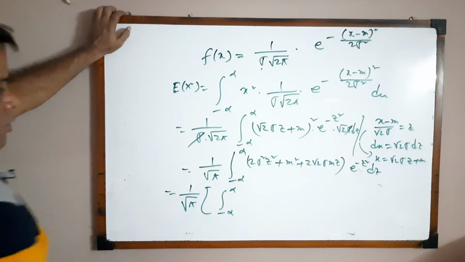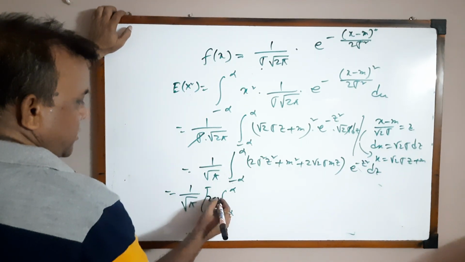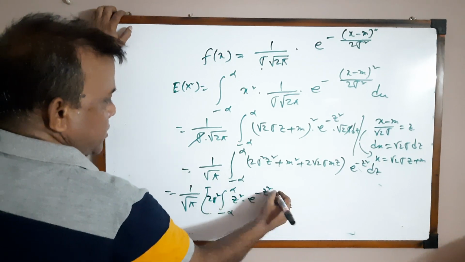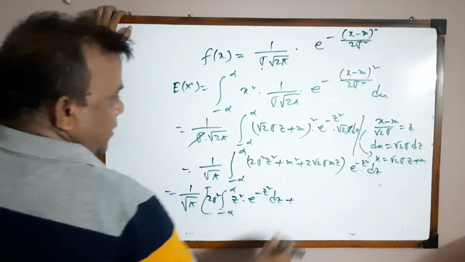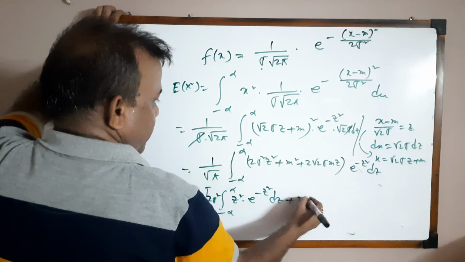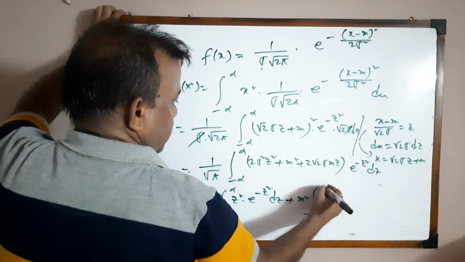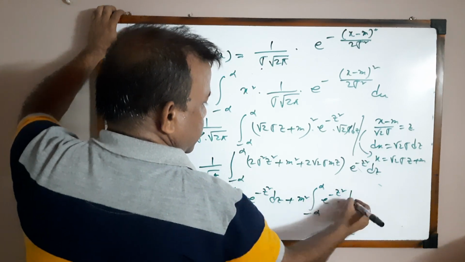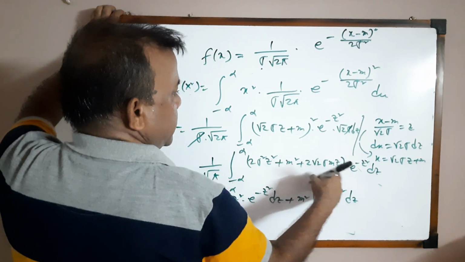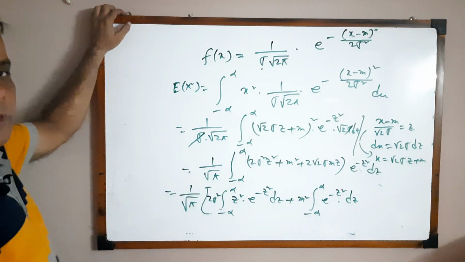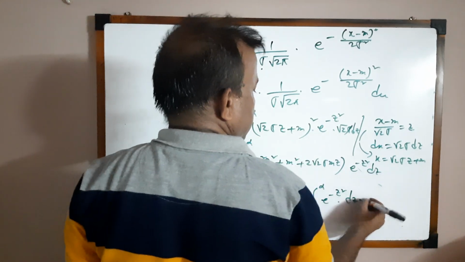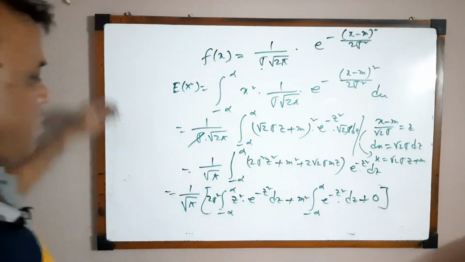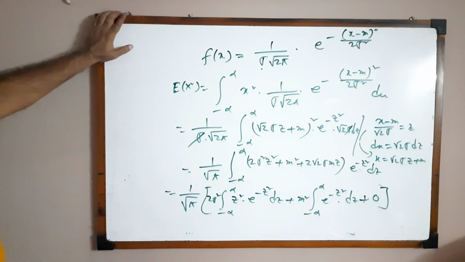Okay. 2 sigma square into z square e to the power minus z square dz, and that of m square, integration minus infinity to plus infinity e to the power minus z square dz. As z into e to the power minus z square is an odd function, the integration of this is equal to 0. Okay.